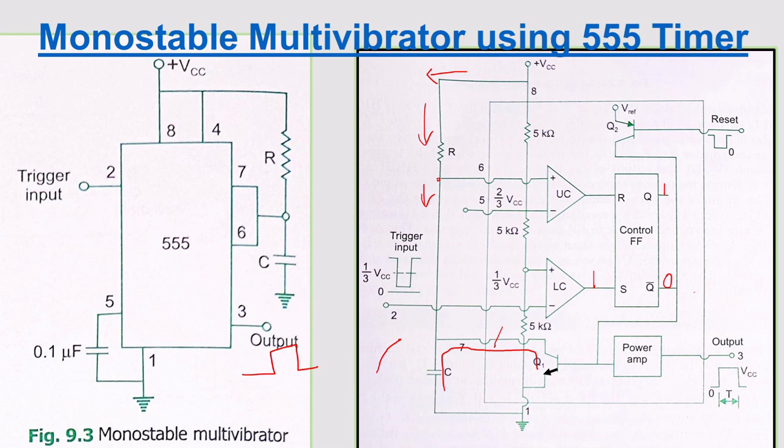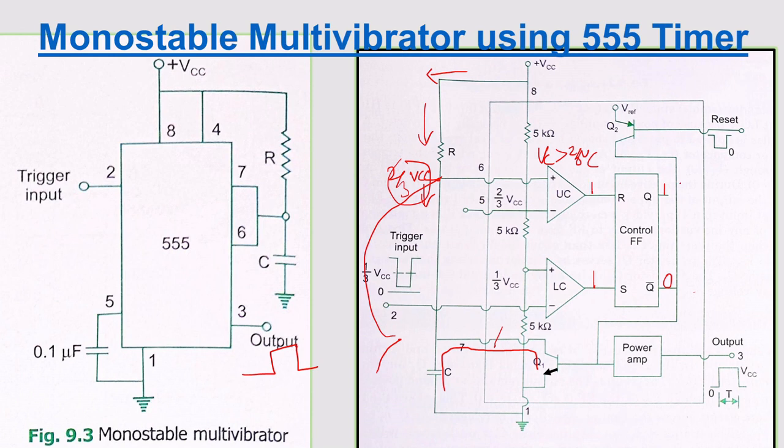It will keep on charging until the capacitor voltage reaches 2/3 of your VCC. Now, plus is connected to the capacitor voltage, and minus is connected to 2/3 VCC. If the capacitor voltage is greater than 2/3 of your VCC, you will get the logic of 1.